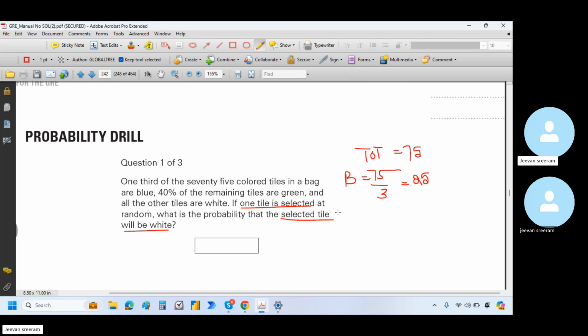Then 40% of the remaining tiles are green. So 40% of the remaining means 0.4 times the remaining 50, 75 minus 25 is 50. So there are going to be 20. Green are 20 in number.